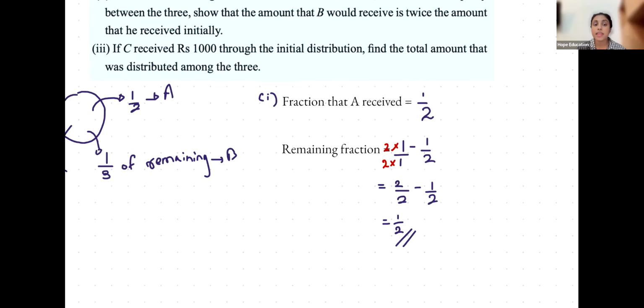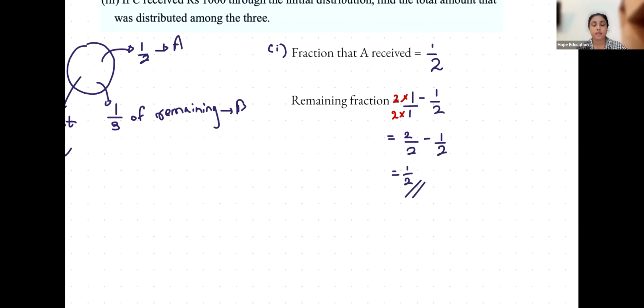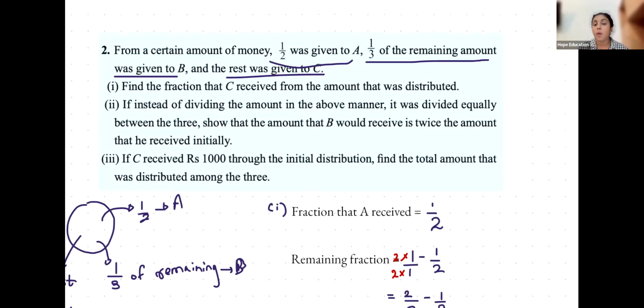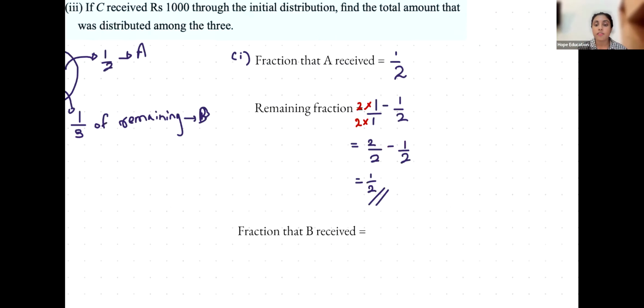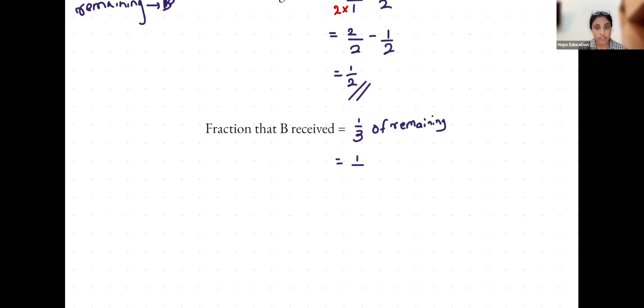Then let's see how much B has received. Fraction that B received: 1/3 of the remaining amount. You know, 'of' becomes multiplication.